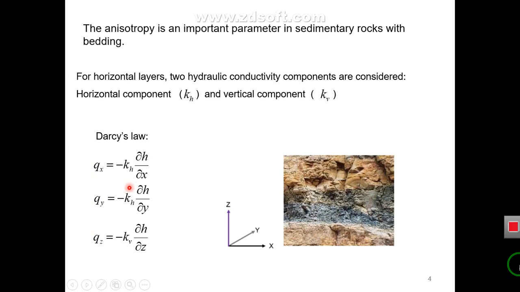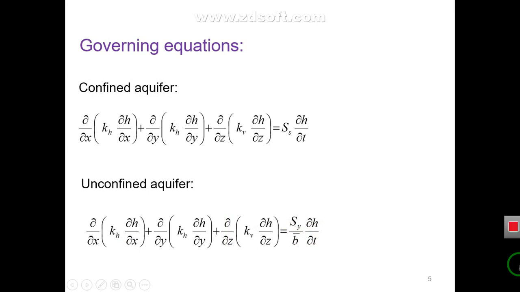Here, kh is the horizontal and kv is the vertical component of hydraulic conductivity. In sedimentary environments, according to my explanation in the previous slide, the basic equations governing groundwater flow for confined and unconfined aquifers are given here.